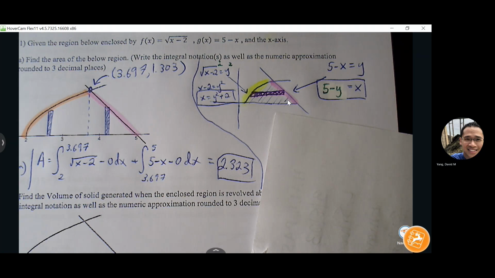Right and left. So you see the right and left. Literally, this is right and left. That's right, that's right.